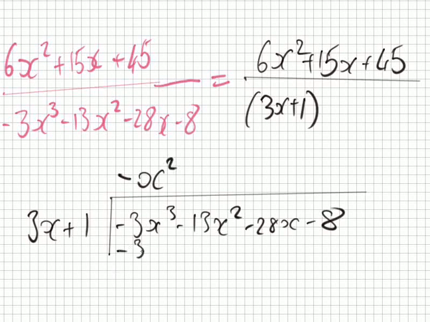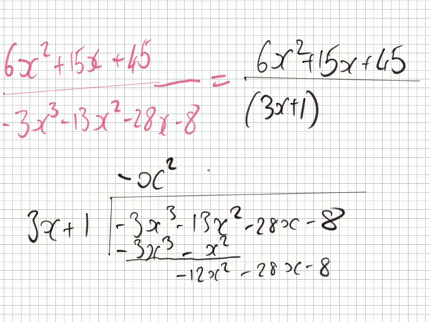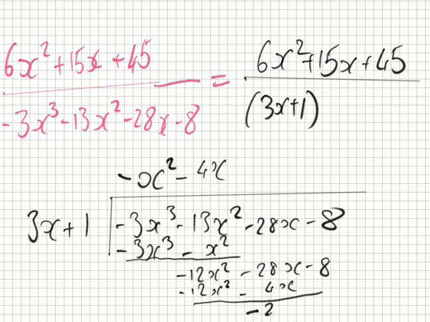So I get minus 3x cubed minus x squared. If I subtract, I get minus 12x squared minus 28x minus 8. So up here should be minus 4x, minus 12x squared minus 4x. I subtract, minus 24x minus 8.